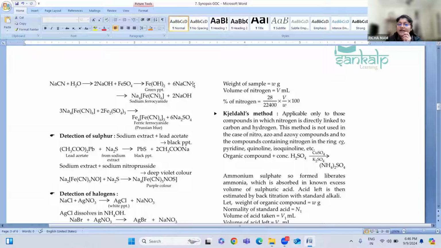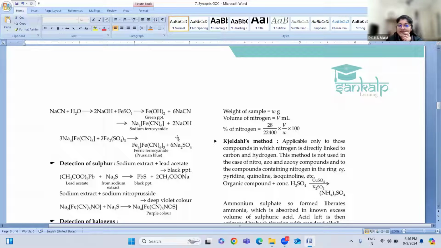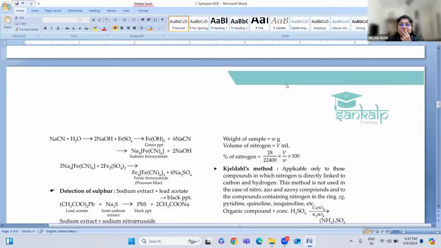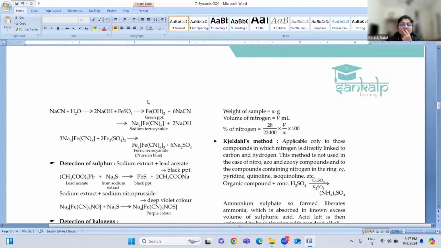Now if you react it with sodium, you get sodium ferrocyanide. Then if you react sodium ferrocyanide again with ferrous sulfate and add H2SO4, that is sulfuric acid, you get ferric ferrocyanide, which is blue or green, that is Prussian blue color. This is the color of ferric ferrocyanide. So this is the positive test for nitrogen.